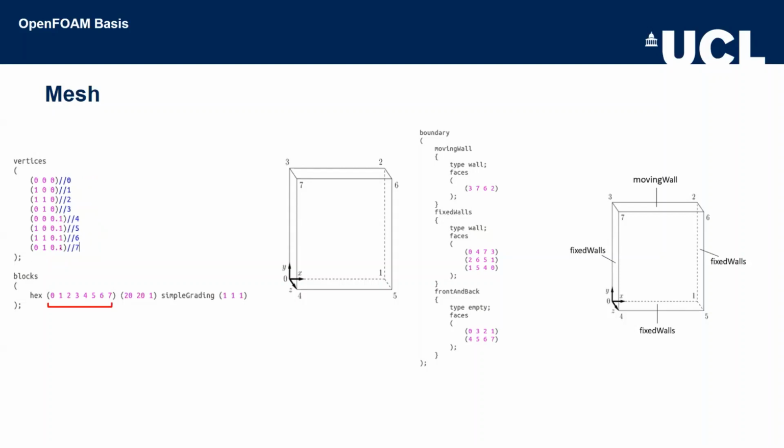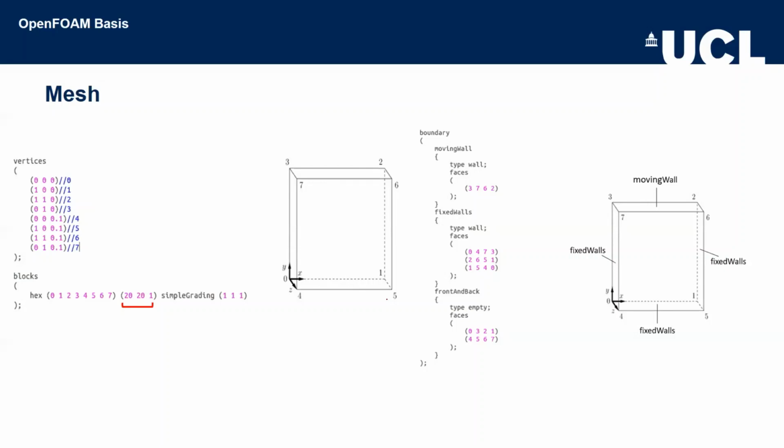All the 8 vertices can form a hexahedron, which is defined in the blocks function. And this is our computational domain, like this. In the next bracket, (20 20 1) means the hexahedron will be discretized into 20 cells along the x direction, 20 cells along the y direction, and 1 cell in the z direction, respectively.